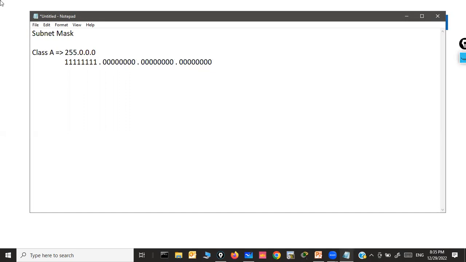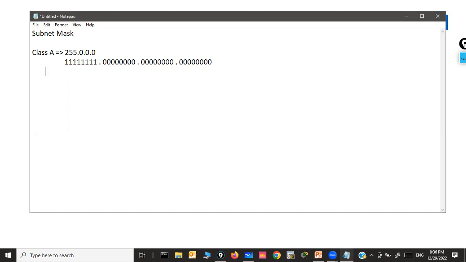So basically 255 equals 8 ones in binary. Zero means all zeros, total 8 bits, again here 8 bits, and here 8 bits.